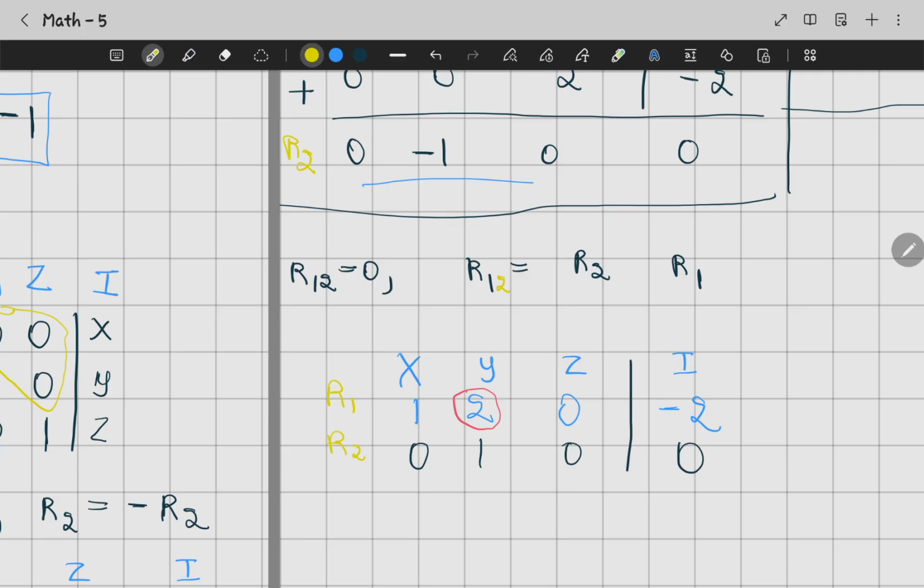So what is row 12? The value of row 12 is actually 2. And then row 22 is what we're going to focus on.